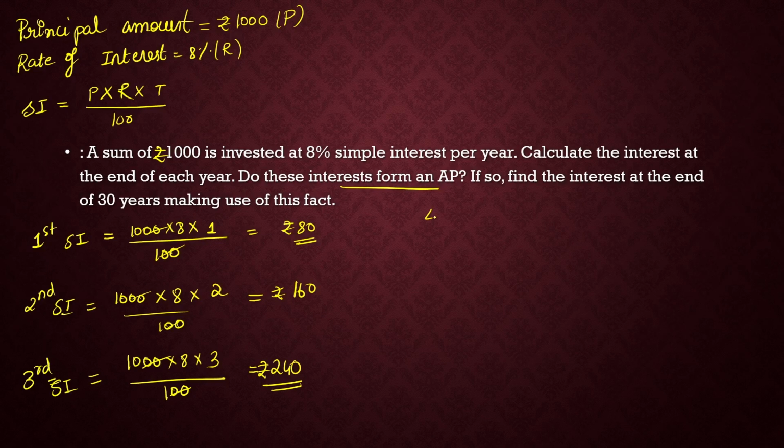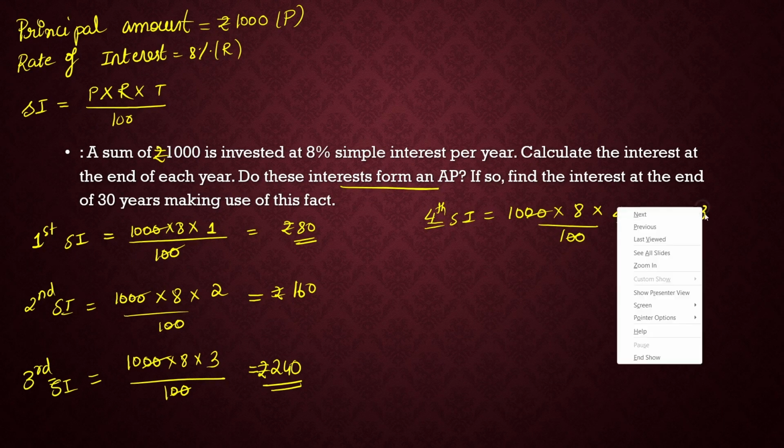Now for the fourth year, the simple interest is equal to 1000 into rate of interest is again 8, but the number of years is now 4 divided by 100. So that's equal to 320.